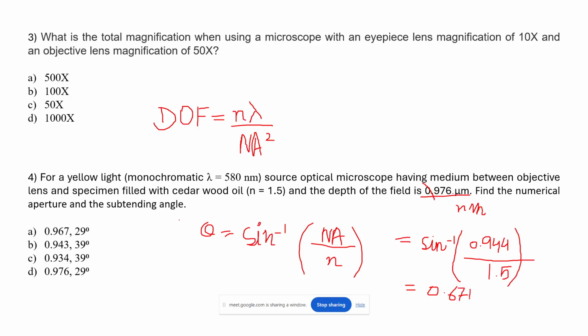This value is in radians. Now we convert it into degrees because the options are given in degrees. Then we'll multiply by 180 divided by pi.